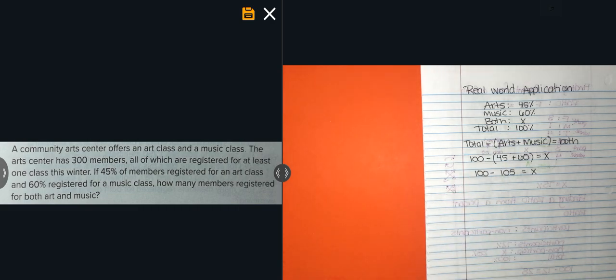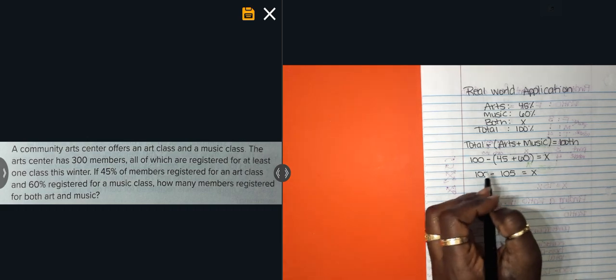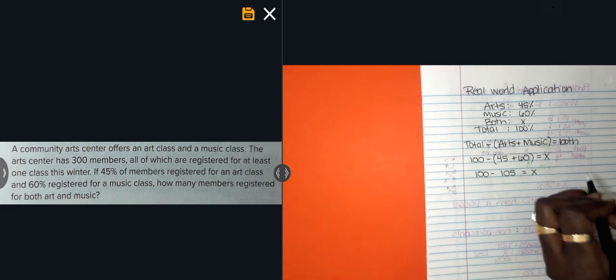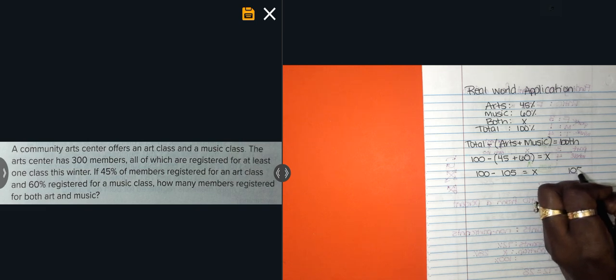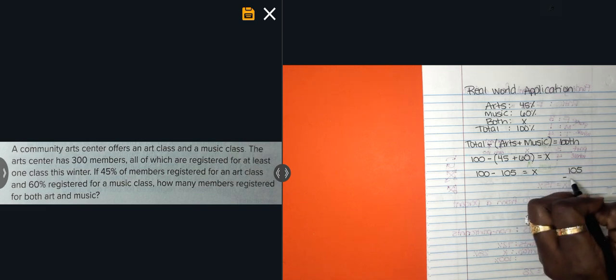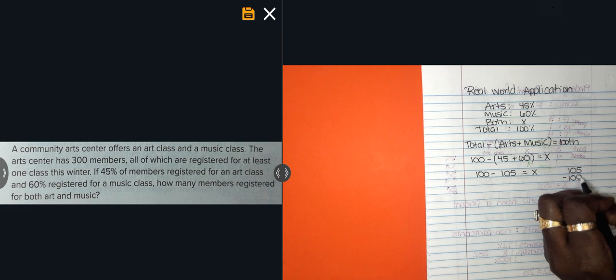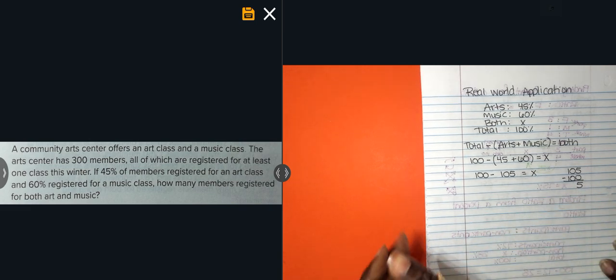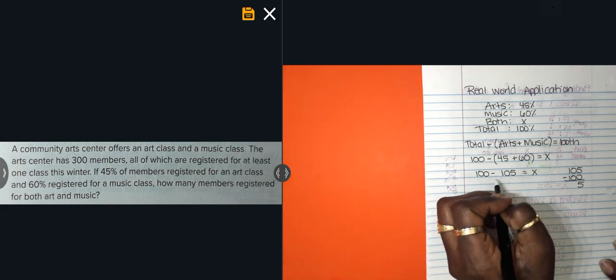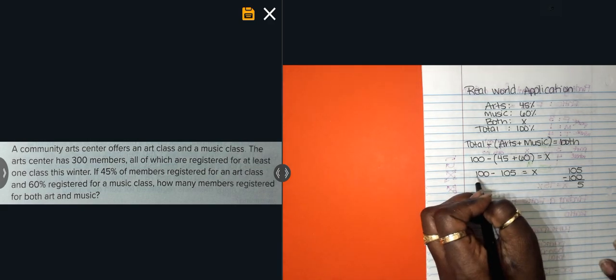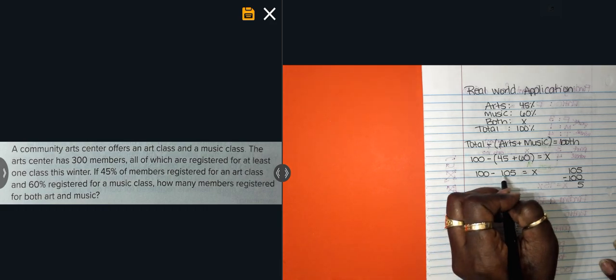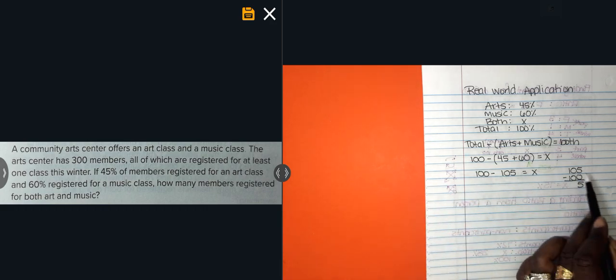Okay. So let's turn this around. If we think about this, we're going to use our larger number first, which will be 105. We're going to take away the smaller number, and we have a total of 5 remaining, right? But when we looked at this, we see that we're going in two different directions. This is going in the positive direction. This is going in the negative direction. So we just use subtraction, okay?